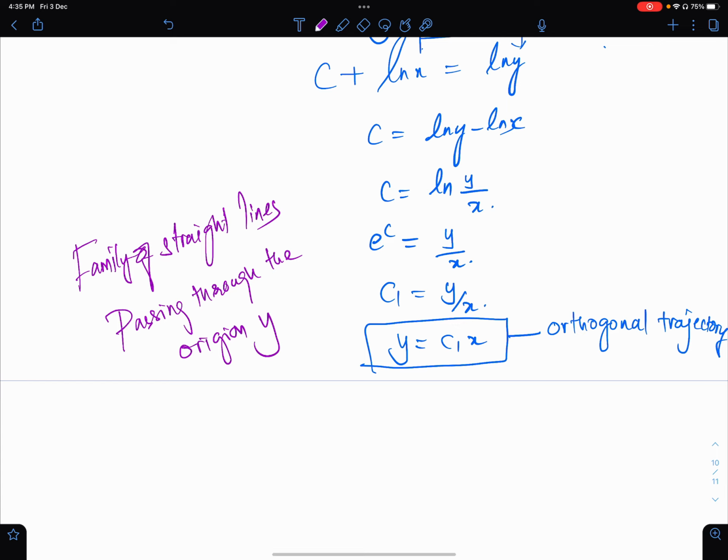So it is of the form y equal to c1x. So this is the answer for this question.